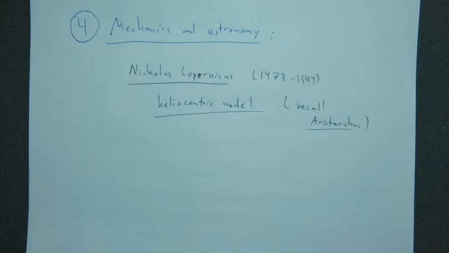The thing that I'll say is that his most important contribution was not that his model correctly predicted anything, because it didn't. There were a lot of problems with it. But he correctly noted that a move to a heliocentric model vastly simplified some of the things that had to occur to explain what was going on.